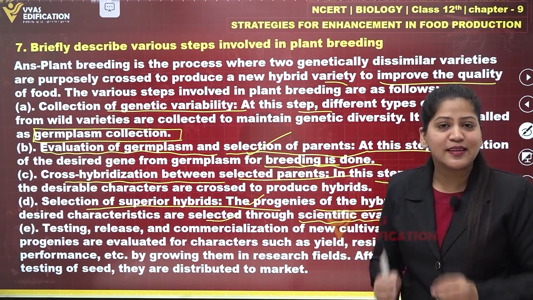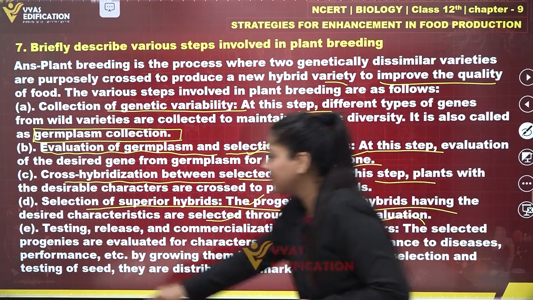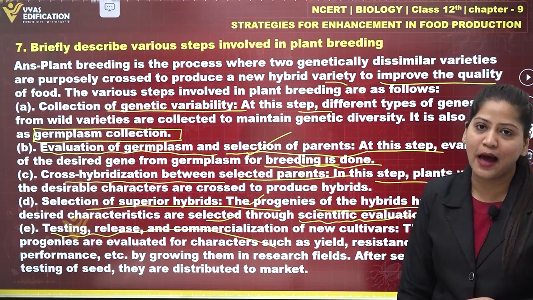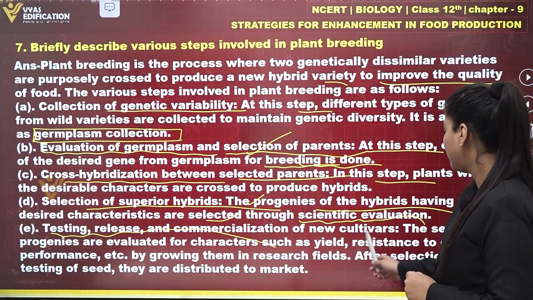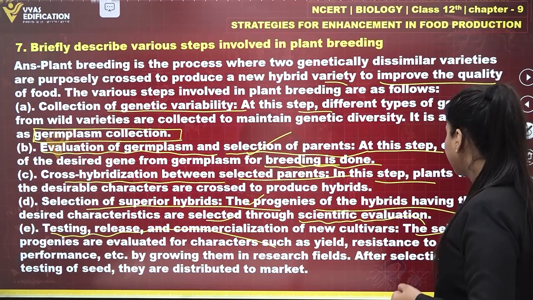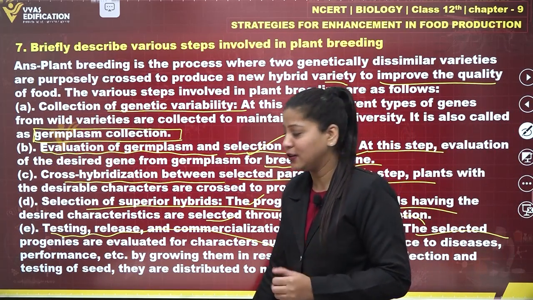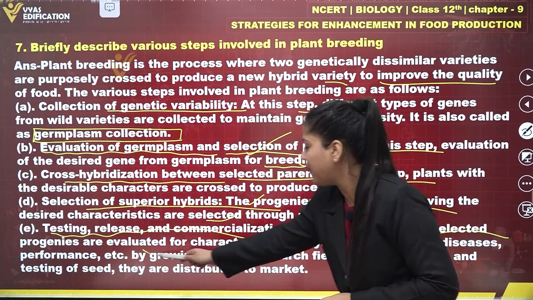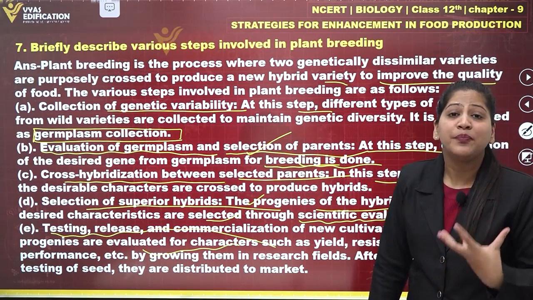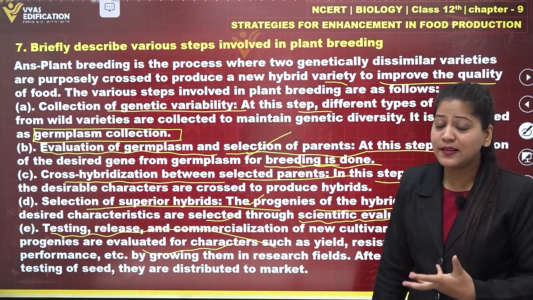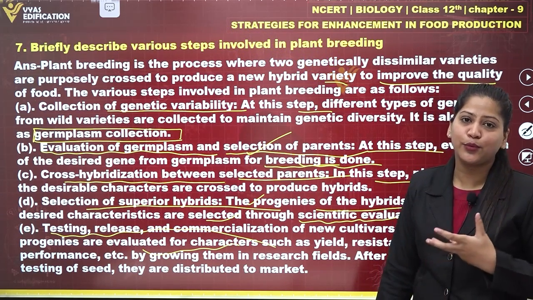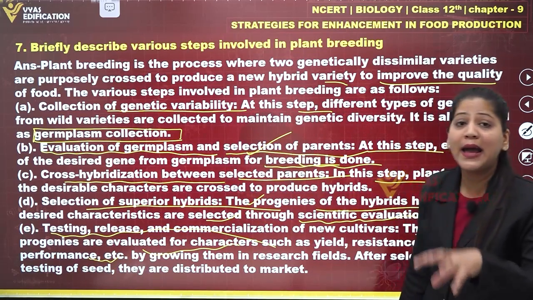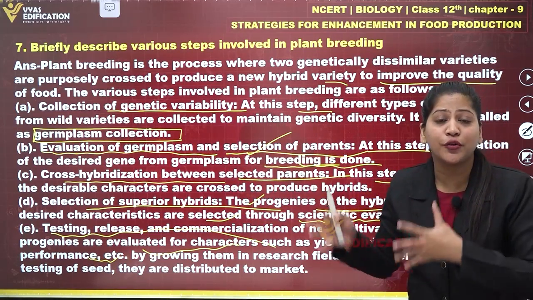Now, the last step of plant breeding is testing, release and commercialization of these superior hybrids. In this step, the selected superior progenies are evaluated for characters such as yield, resistance towards diseases, and performance, by growing them in the research field.